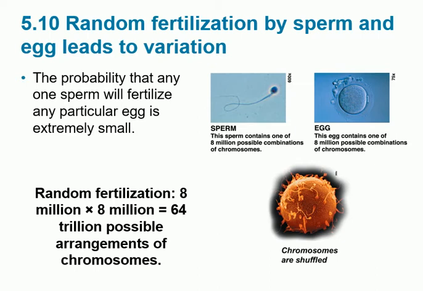Randomness. So the first random was independent assortment. How are you going to arrange? You don't know. There are a lot of possibilities. This with this. This is carrying genes, this is carrying genes. Why this and this and this? Why not this and this and this? There are a lot of possibilities. And the second one now will give you like 64 trillion possibilities because of the random fertilization. You have millions of sperms. Which one? You don't know. Right?